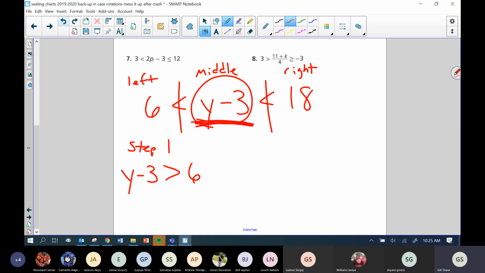So, like that. So step 2, I take what's in the middle, which is y subtract 3, and I really just write the rest of the inequality. I just write the same symbol and then what's on the right.